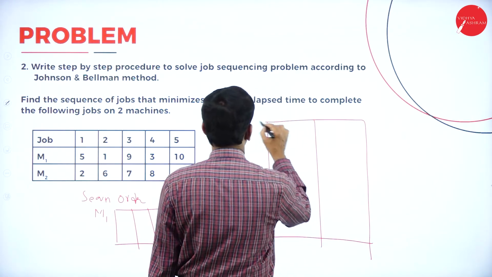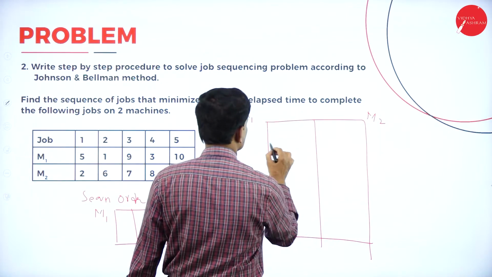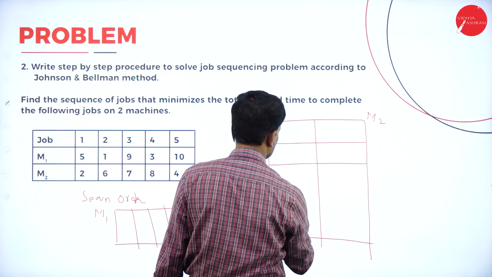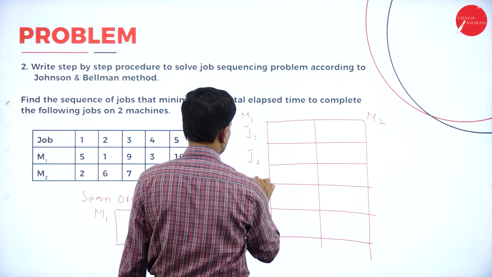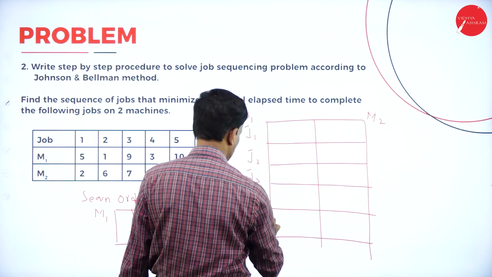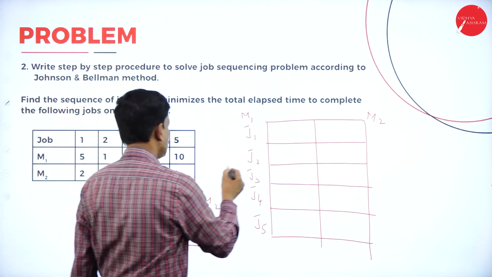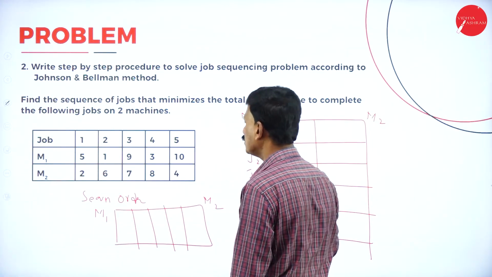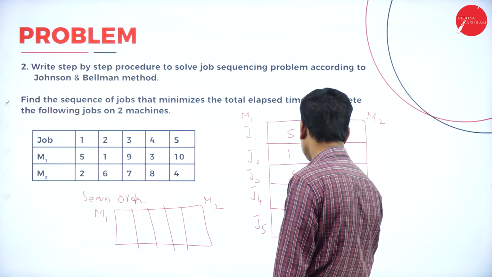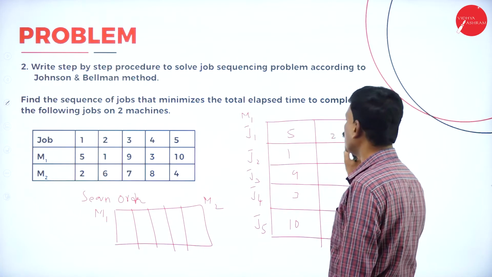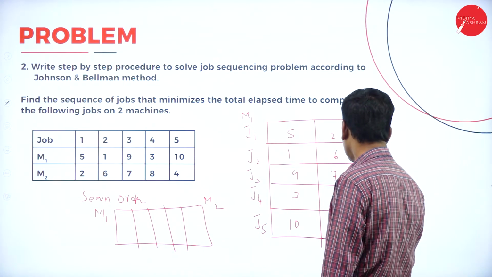So this is machine 1, M1 and M2. The jobs are like this. Write down J1, J2, J3, J4 and J5. Write down the values for the machines we have. This is 5, 1, 9, 3 and 10. For the machine 2 we have 2, 6, 7, 8 and 4.